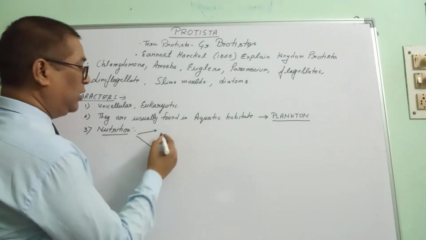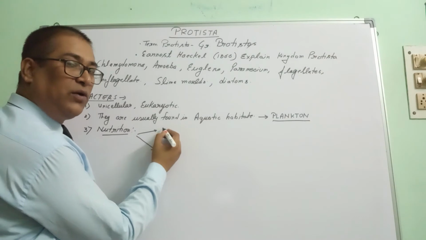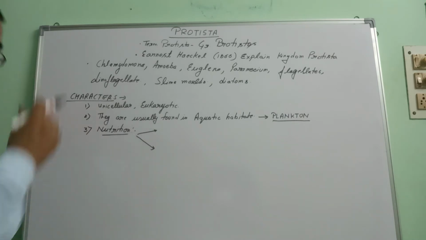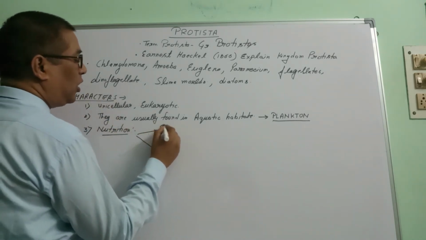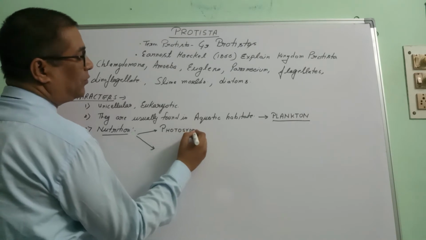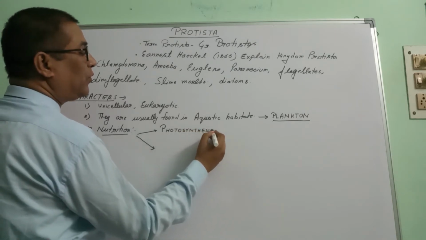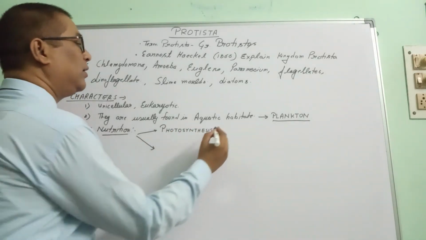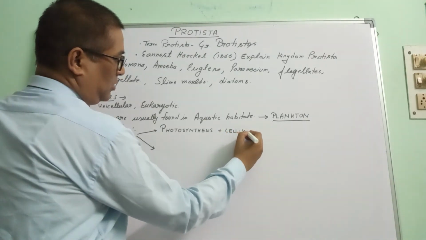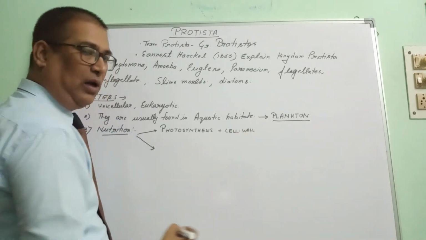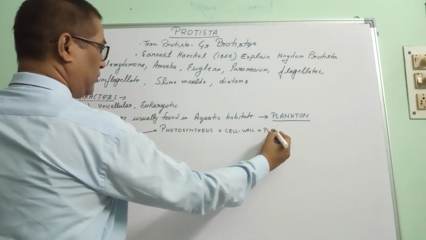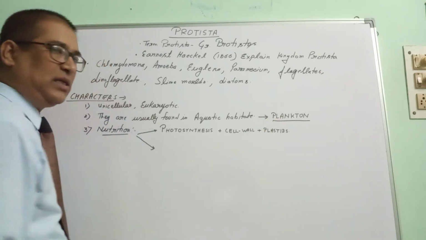Now, first of all, the protistans which show photosynthesis, plus they have a cell wall and they have plastids.